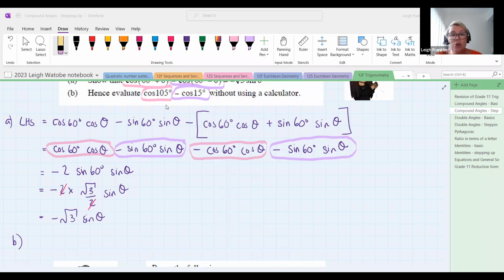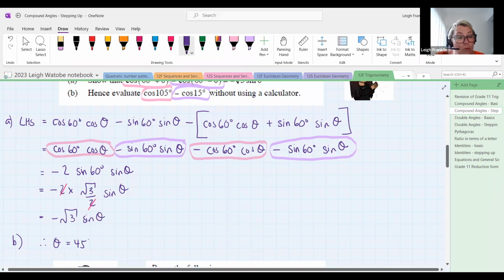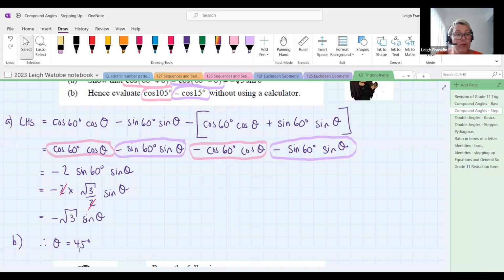So they don't expect us to go through the entire process of doing the expansion and then simplifying it, etc. What they would want us to do is acknowledge that theta would have to be equal to 45 degrees.